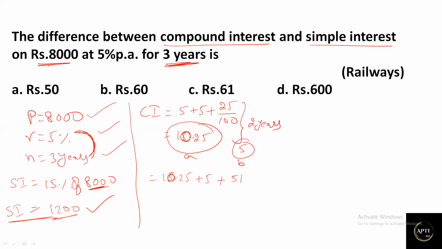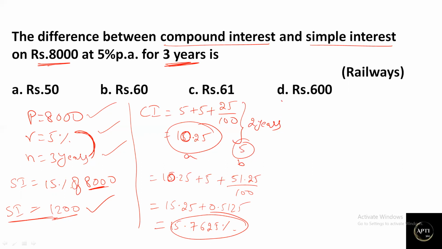Now can I write it as 51.25 divided by 100, the AB value? So finally here 15.25 plus 0.5125. Now if you add these values, 15.7625%. So what is 15.7625% of 8,000? That will give you the exact value.